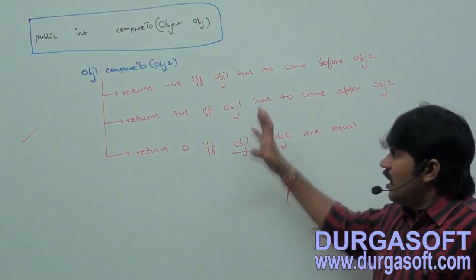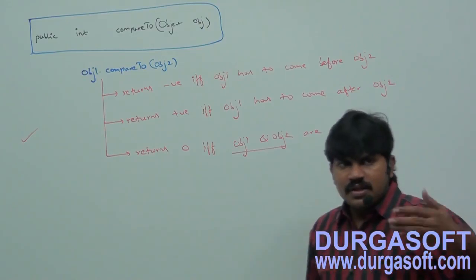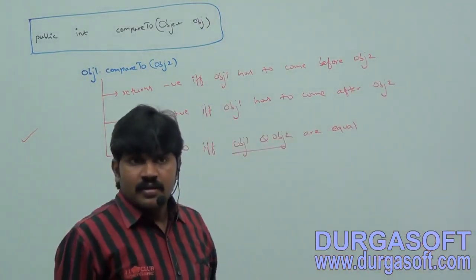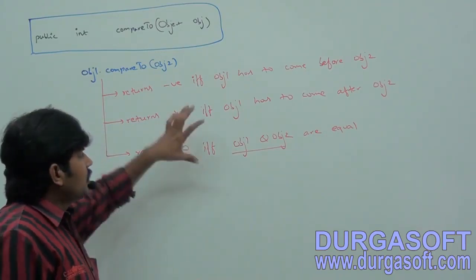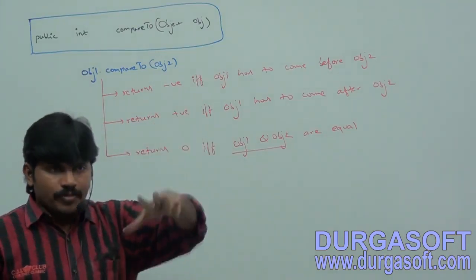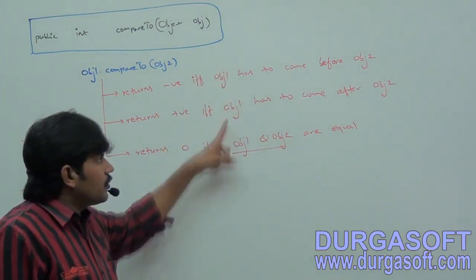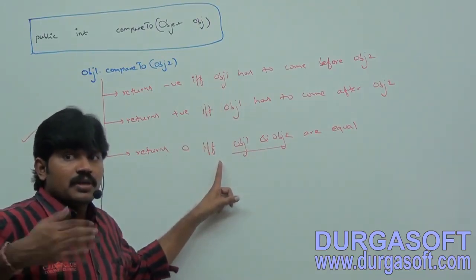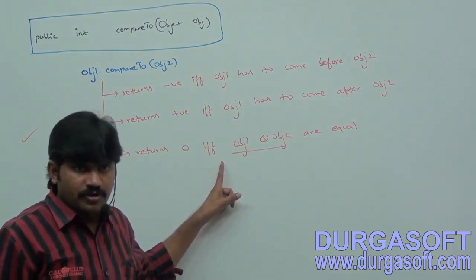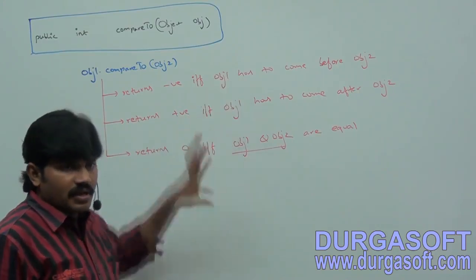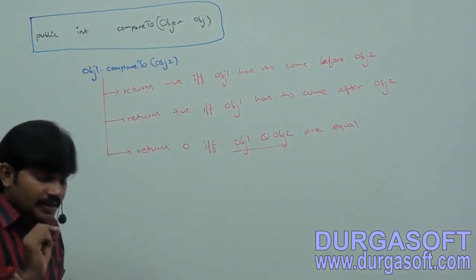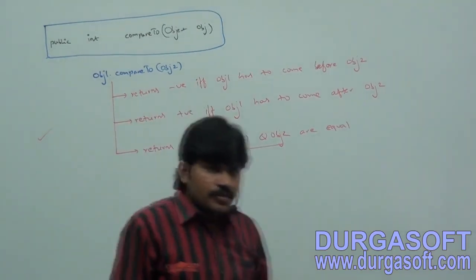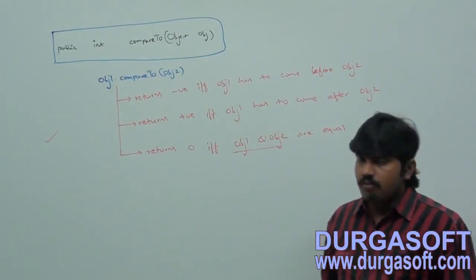After Comparable, next we are going to discuss Comparator. In Comparator there is one method, the compare method, with the same concept, copy paste. If you understand this terminology, the next things will become easier. obj1.compareTo(obj2) returning negative means obj1 should come before obj2.